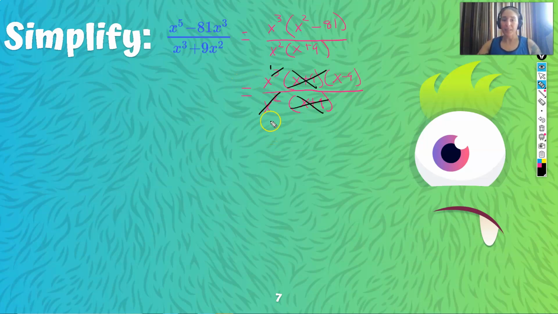Because there was x cubed up here, and there was just x squared down here, so 2 x's got knocked out, which means 1 will survive in the numerator. So then I am left with 1x survived in the numerator, x minus 9, and in the denominator I knocked out everybody, so it's over 1. How do we write things when they're over 1? We just write them without a denominator. So that would be our simplified version there.